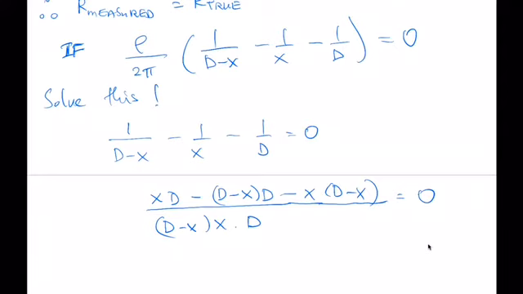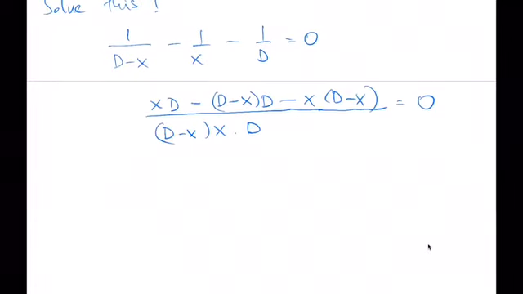That is xd minus d square plus xd square minus xd plus x square equal to 0. Yes or no?